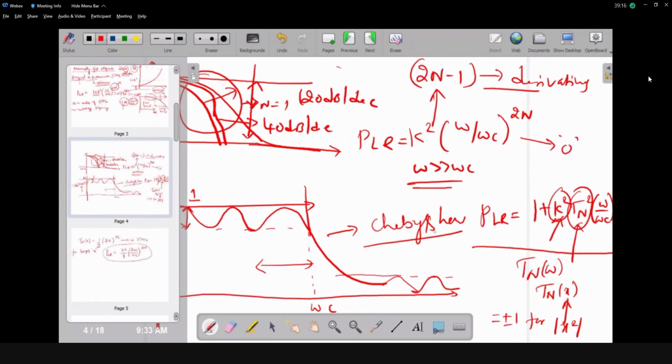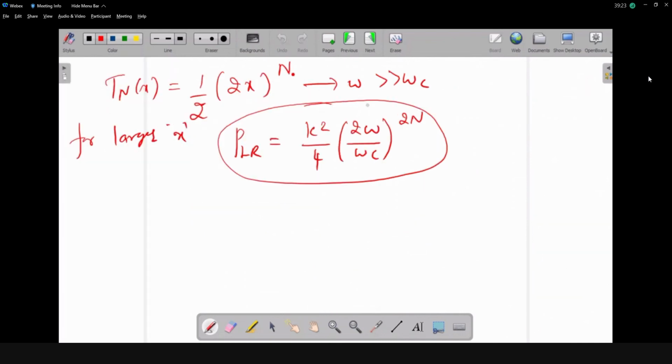Whenever we take the condition omega far greater than omega c, it increases at the rate of 20 n dB per decade. So even in this case, the rate of change is based on the filter order only.